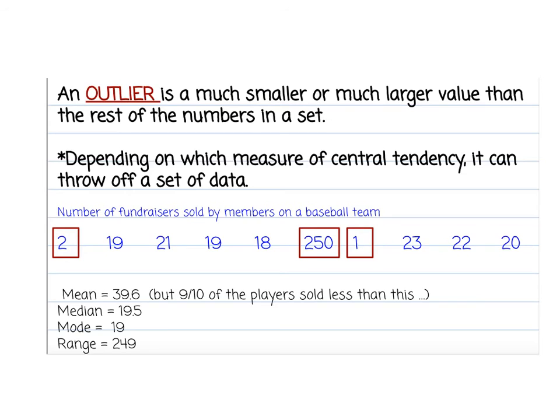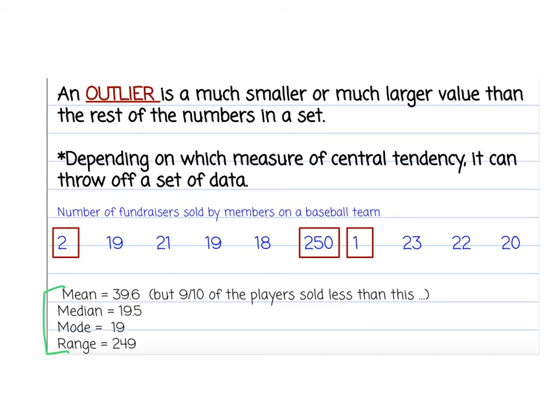So for example, we're back to this fundraiser one. A lot of the numbers are around 20, but then you have these couple, 1 and 2 and 250, that are completely on opposite sides, and they really throw off the data. So when you're finding the mean, median, mode, range, they calculated those for us here.